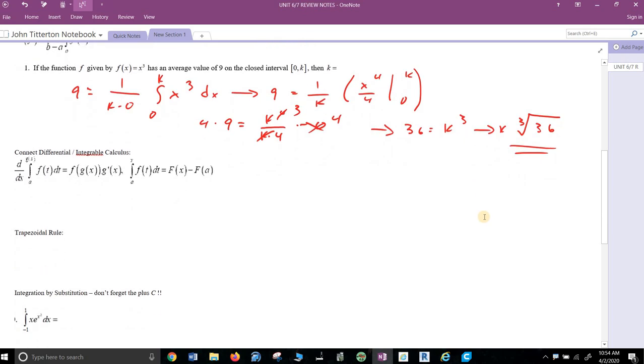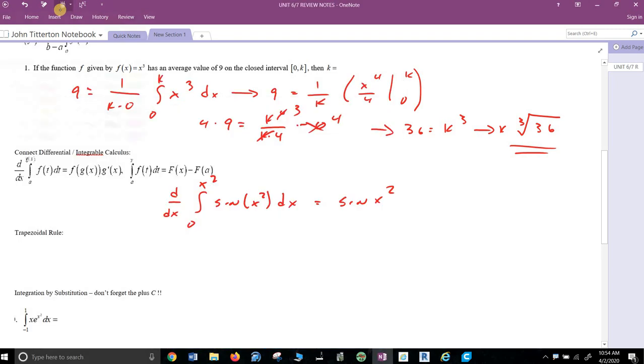Well, they cancel out. So if we had an integral from 0 to x of sine of x squared, which we don't have the techniques to do right now, we said, hey, take the derivative of that with respect to x, you would just get sine of x squared. Now, if the x squared was here, we have to chain rule it.